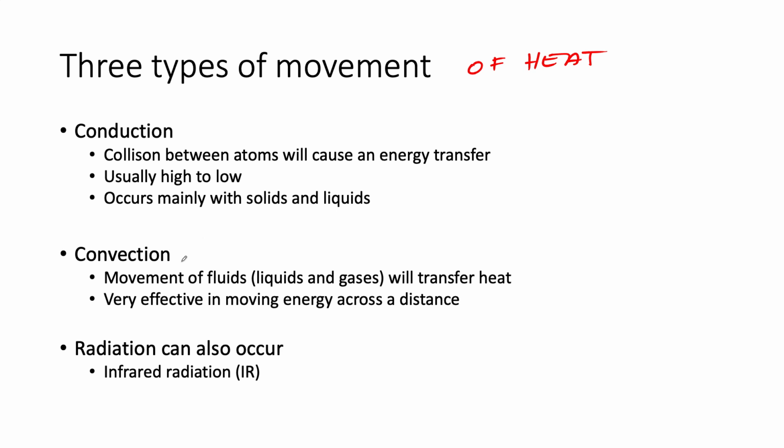Convection is the movement of fluids, liquids and gases, that transfer heat. Our heating systems are based on convection. You go home, you turn your heater on. If you have an old-fashioned radiator, all those are moving liquids through something to generate heat and transmit heat throughout the house. Convection is very effective in moving energy across a distance.